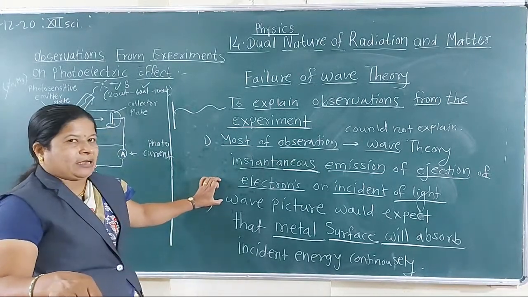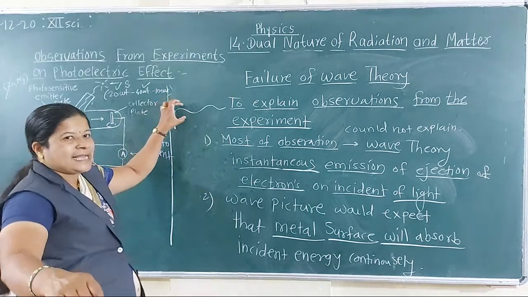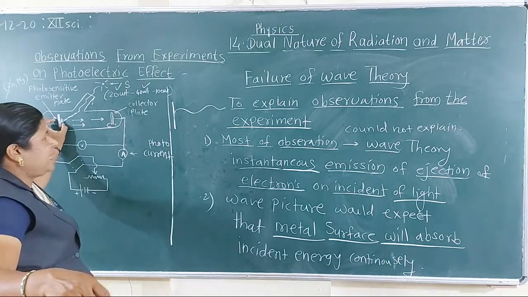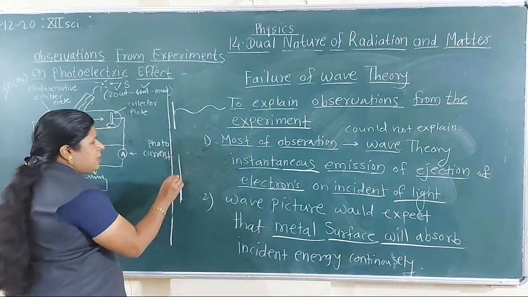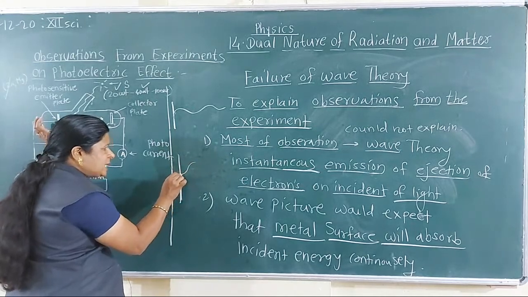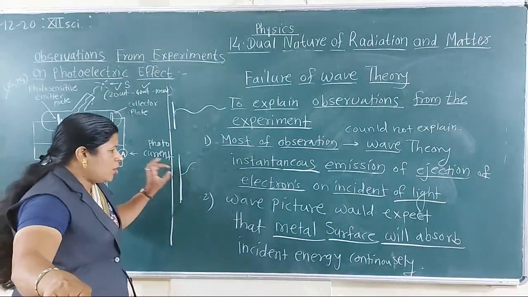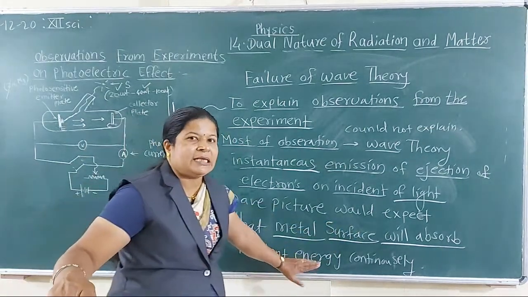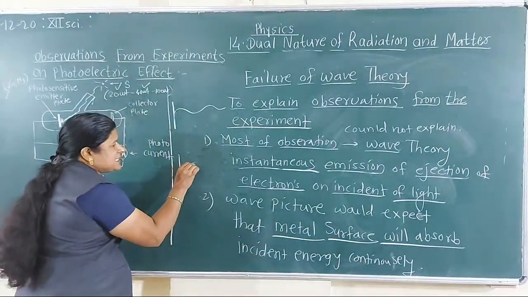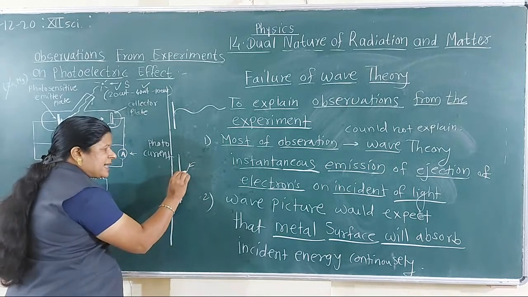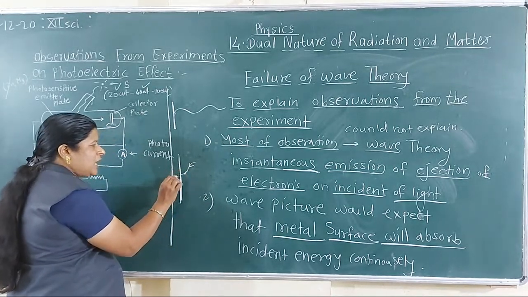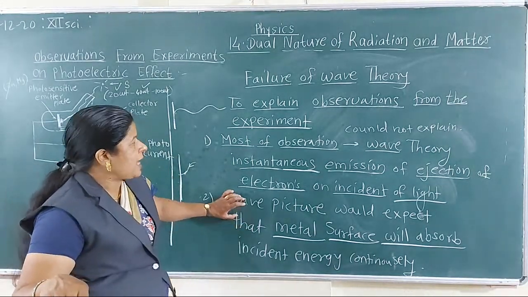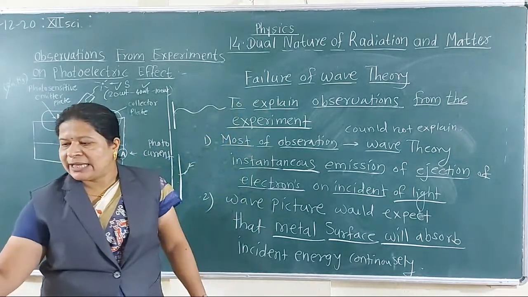Wave theory expected that as soon as the radiation falls on the surface of the metal, the radiation is absorbed. That metal surface will absorb the incident energy continuously. This is the incident radiation, and this incident radiation energy will be absorbed by this metal surface. This expectation was made by this wave theory.